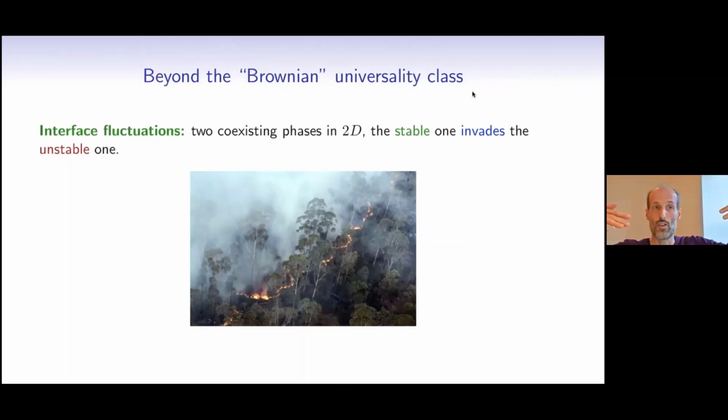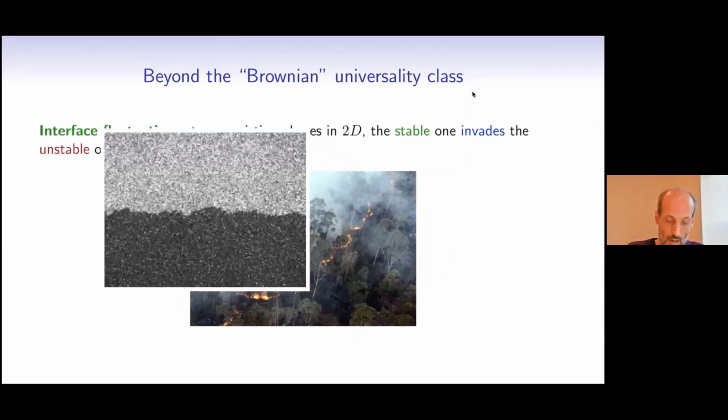And one of the regions is more stable than the other one, so one of them invades the other one. The example is a bushfire, where here's the region that was burned, here's the region that's not yet burned, and here's a flame front, which is the interface between these two regions, right?